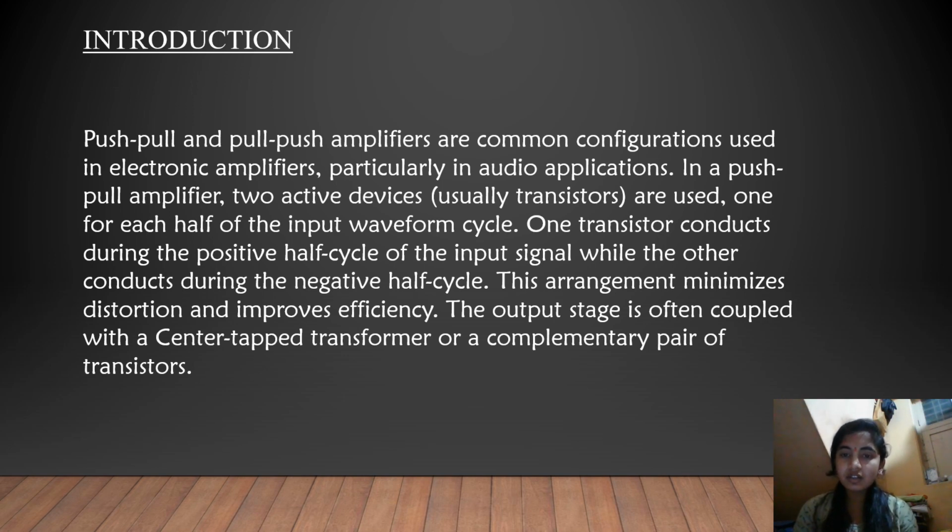One transistor conducts during the positive half of the input signal while the other conducts during the negative half cycle. This arrangement minimizes distortion and improves efficiency. The output stage is often coupled with a center-tapped transformer or a complementary pair of transistors. So this is the introduction of a push-pull amplifier.